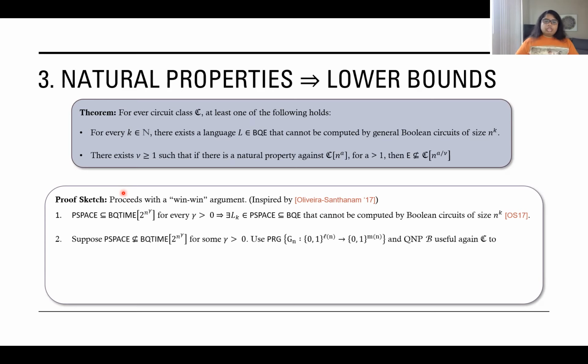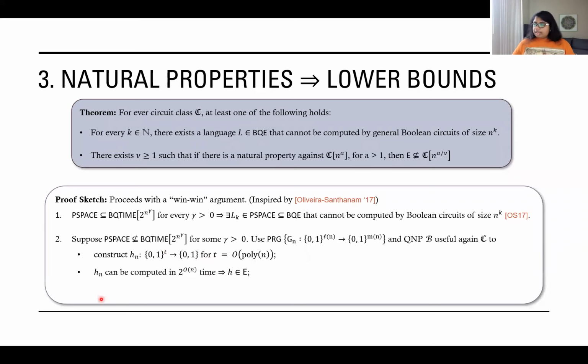We care more about the second step. Now, assuming that you have this hardness condition, the previous PRG that we constructed, we use that, and we use a quantum natural property B that's going to be useful against this circuit class, because that's my assumption, and do the following. I'm going to construct a function Hn that takes t bits as input and 1 bit output, where t is some polynomial in n.